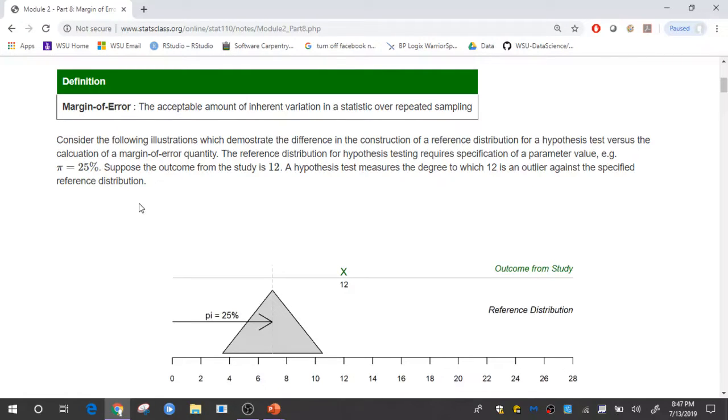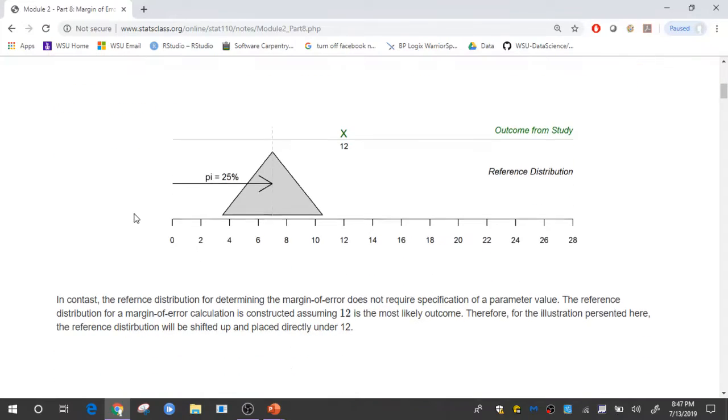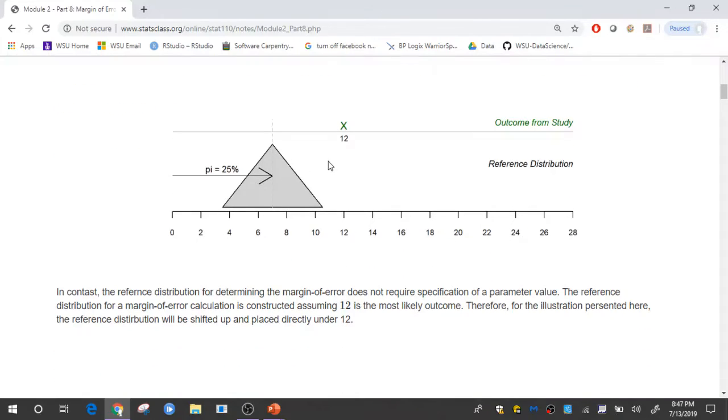Suppose the outcome from a study is 12. So again, the purpose of a hypothesis test is to determine whether or not 12 is an outlier against this reference distribution. We use a p-value to measure the degree to which that study outcome is an outlier.